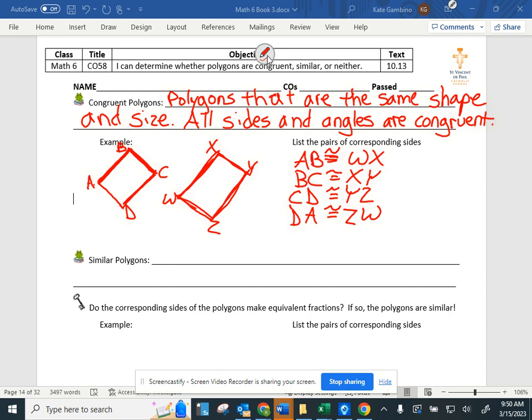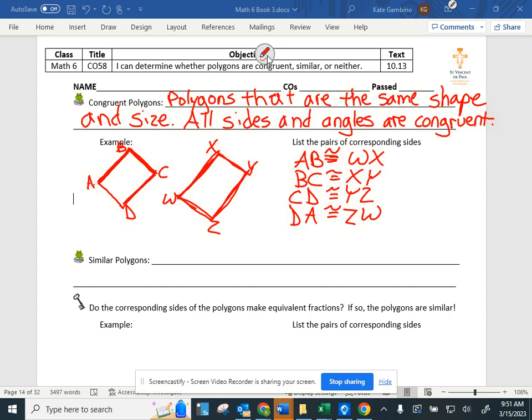Your shapes should have the labels with the A, B, C, D, W, X, Y, Z. And when you draw the equal sign, we're not saying AB is equal to WX, we're saying it's congruent to WX. So we need the squiggle line to show that it is congruent. So that's what congruent polygons are. They're same shape and the same size.